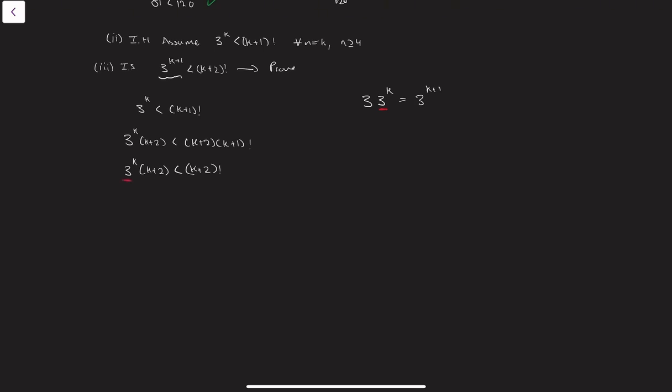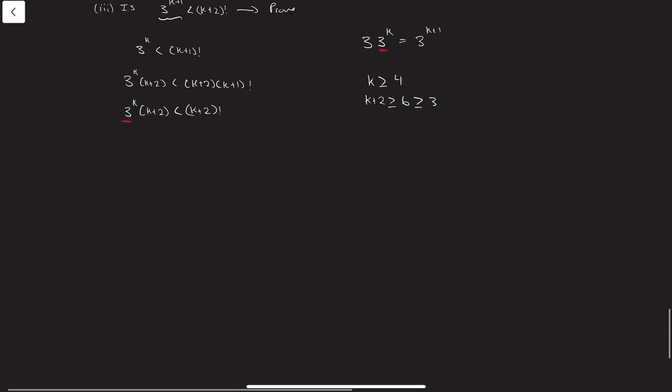So if we can relate k plus 2 to 3, we might be able to work with this. So we said that n is equal to k and n must be greater than or equal to 4. So therefore, k must be greater than or equal to 4. And therefore k plus 2 must be greater than or equal to 6. Well, inherently, that means that k plus 2 is greater than or equal to 3, right?